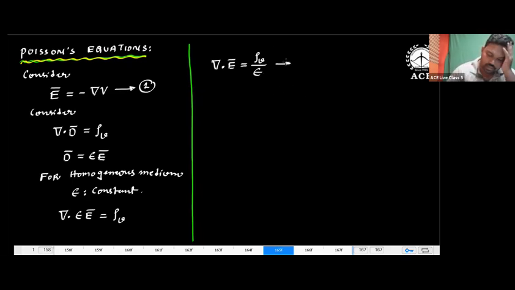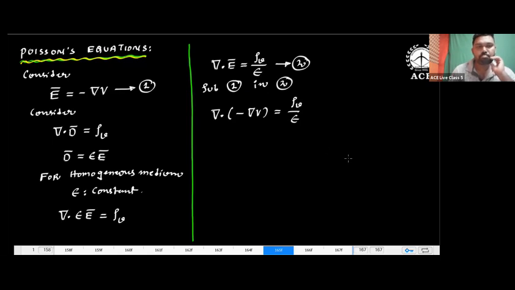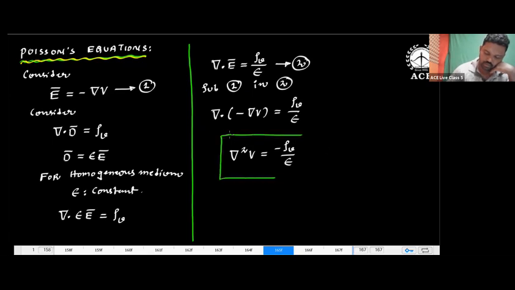I'll call this equation number 2, beta. Substitute 1 into 2. Divergence of minus gradient of V is equal to rho V by epsilon. So here it is del square V equals minus rho V by epsilon. This is called Poisson's equation.